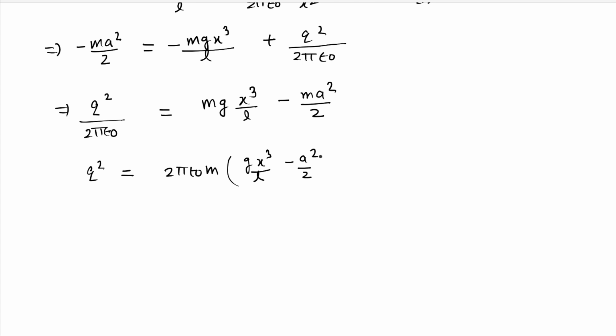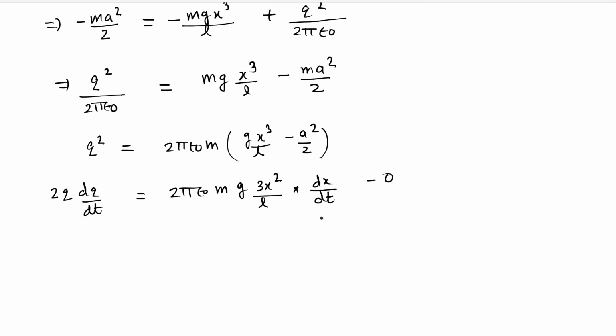Then we have q² as 2 pi epsilon naught times mg x³ by l minus a² by 2. If you differentiate this, we get 2q dq by dt equal to 2 pi epsilon naught m g 3x² by l into dx by dt. We should never forget this. The other part is 0 because this is constant.